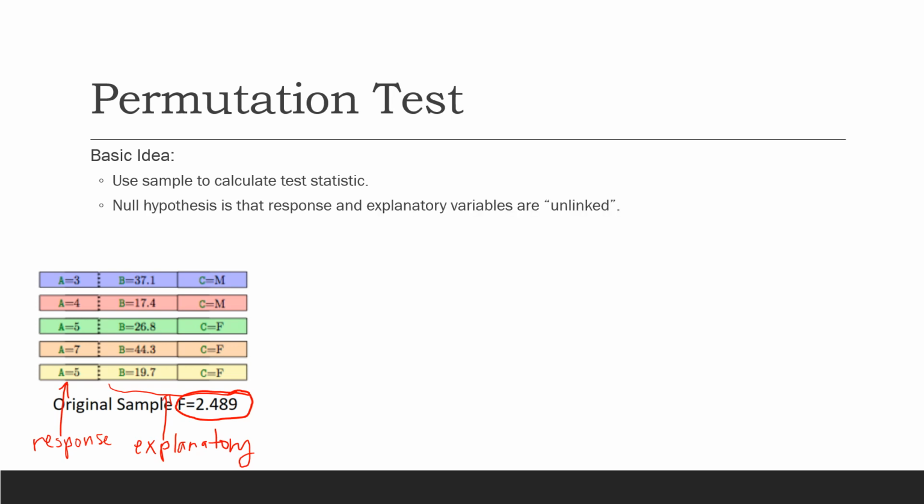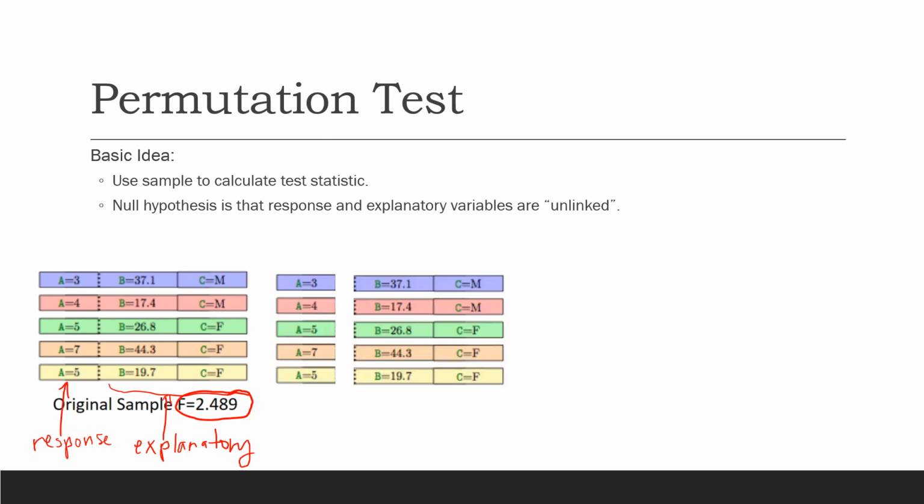Now, remember that the null hypothesis is that the response and the explanatory variables are unlinked, and I need to try to figure out what the distribution of F statistics might look like if that null hypothesis were true. So I'm thinking, okay, if they're unlinked, let's take the responses and separate them from the explanatory variable vectors. So here I've just separated the responses off.